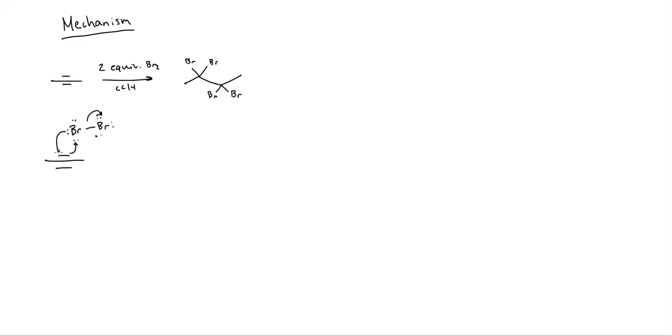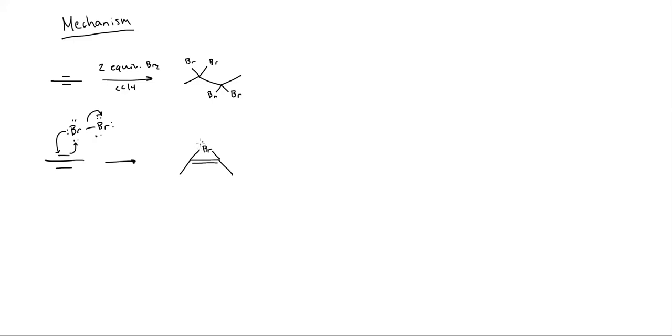And then this bromine is going to attack back. And what that's going to do is form the three-membered ring structure. Except I just have an extra bond. That's basically the only difference with this mechanism: everything is the same except I have an extra bond the entire time.